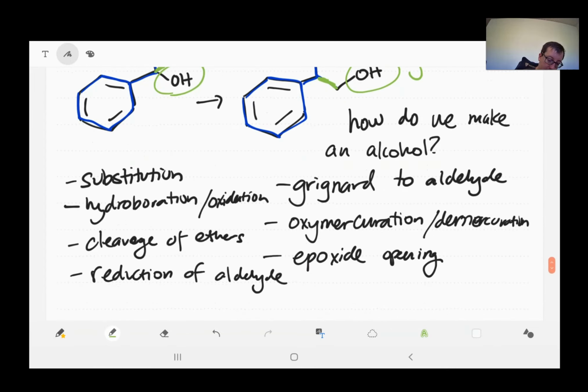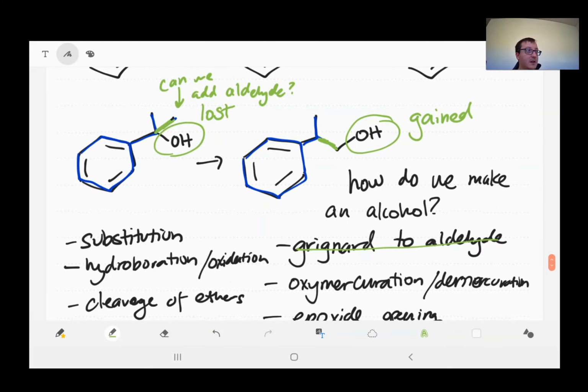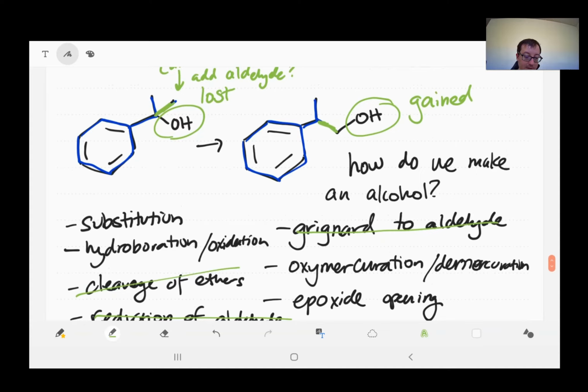So these are ways to make alcohols, but not this time. Cleavage of ethers probably is also not very applicable because we don't have any ethers. We would have to make some other ether, so not a good idea. So we have 4 left here: oxymercuration, demercuration, epoxide opening, substitution, and hydroboration oxidation. So, with these, let's look at the position here.